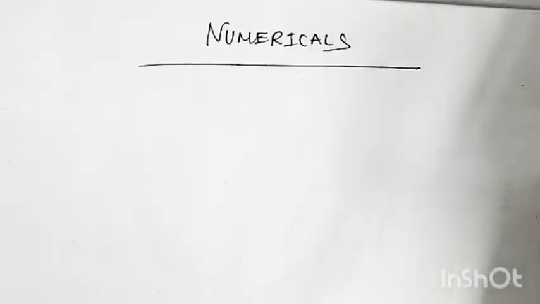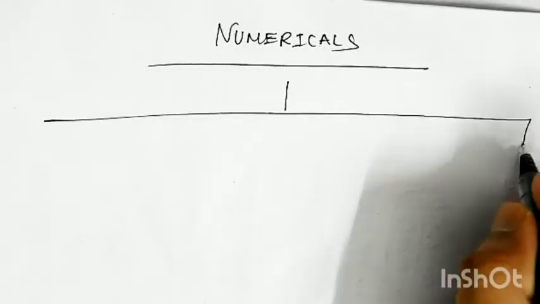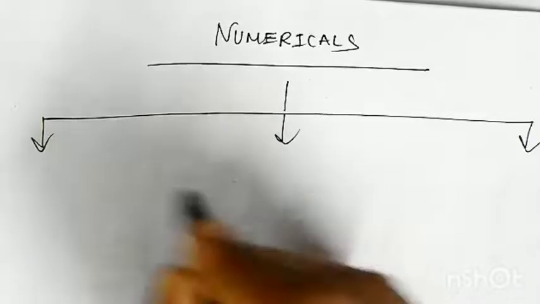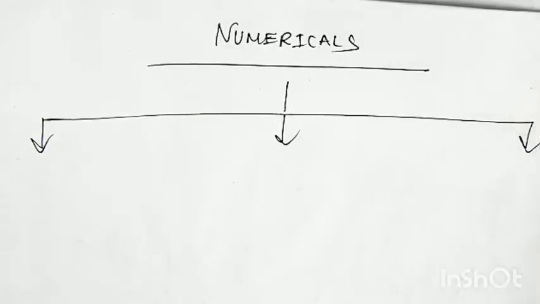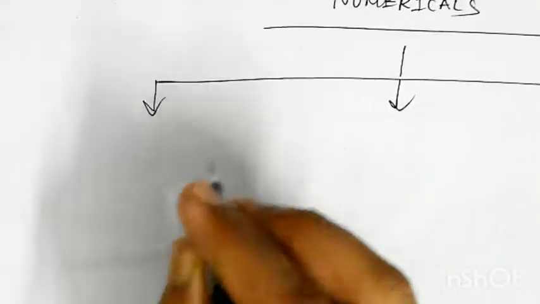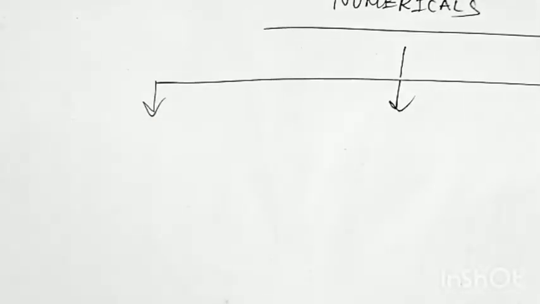Most of the numericals you will face in the chapter can be classified into three types. The first kind of numericals is mostly what you have faced in the first exercise, that is exercise 11a, where only temperature change occurs.